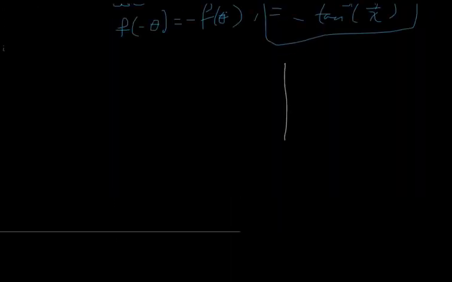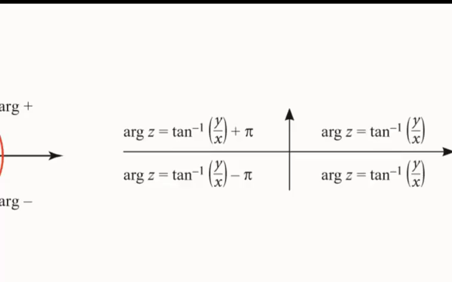Let's summarize this. If the complex number lies in the first quadrant, our principal argument will be just tan inverse of y over x. If it lies in the second quadrant, our principal argument will be pi plus tan inverse of y over x. You don't have to be confused.